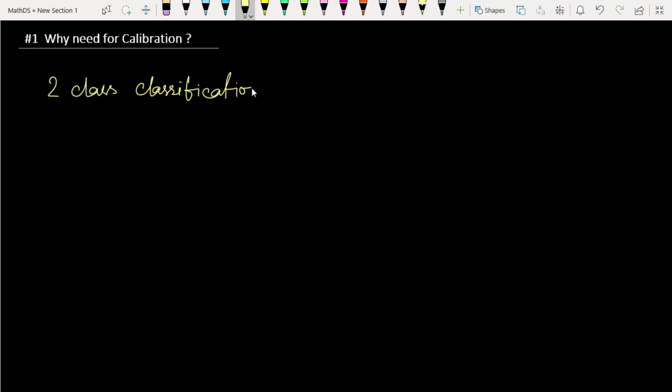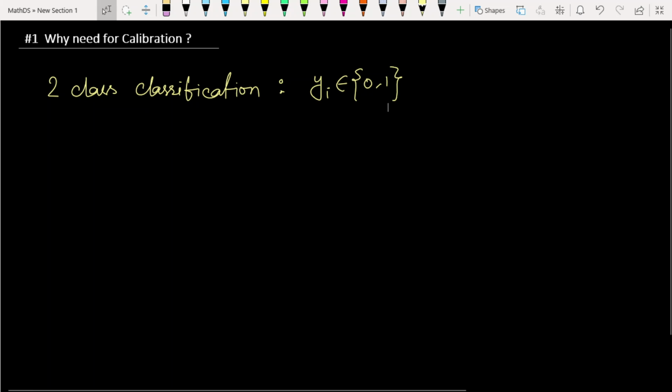In this two-class classification model, the output yi will lie on either 0 or 1. We already know this thing. So the output will be either 0 or 1.